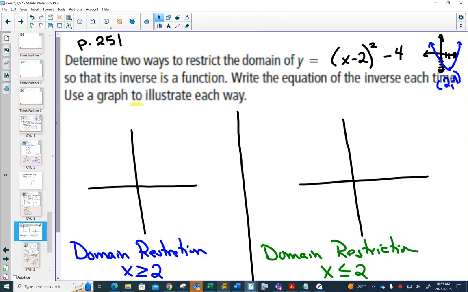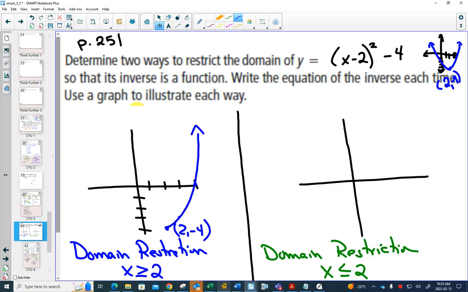Graphically, we can start by graphing. I'm going to take 2, -4, and I'm going to take this half of the graph for my blue one.